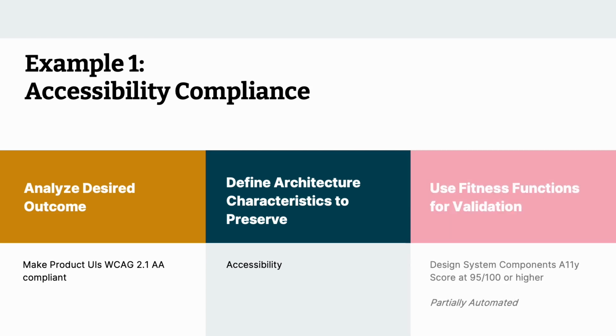Maybe the more interesting thing is about the fitness function that you can set. You could, for example, create what is called here an accessibility score and make sure that this accessibility score for your design system component, for your technical component library, is always above a certain number, like 95 out of 100, for example.